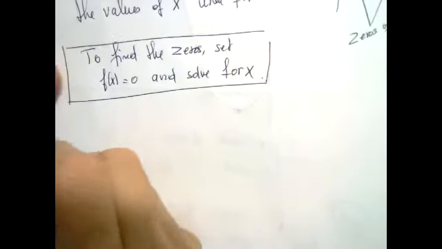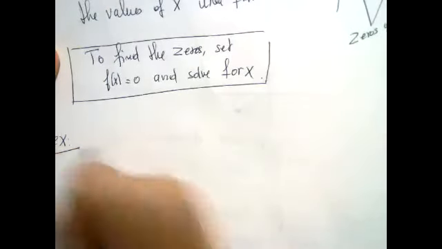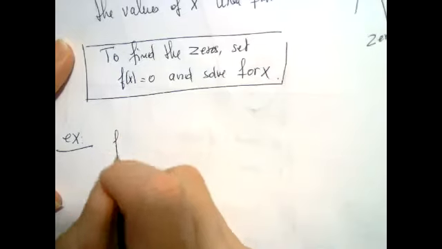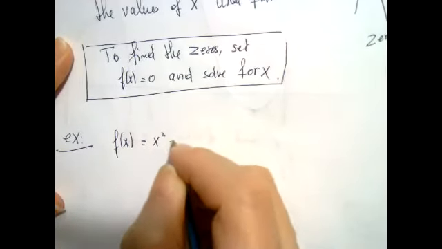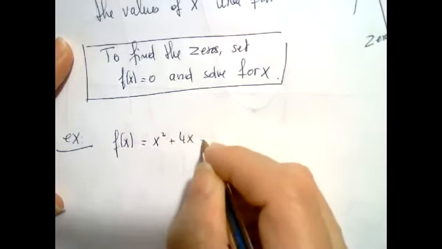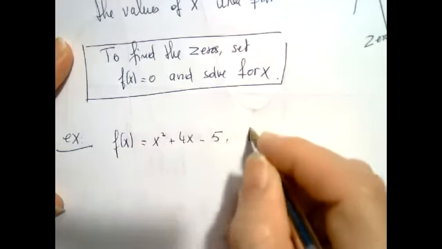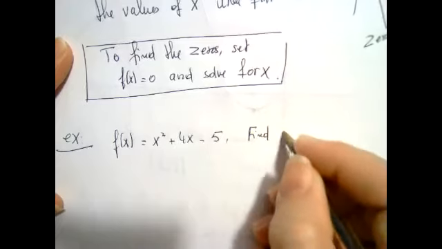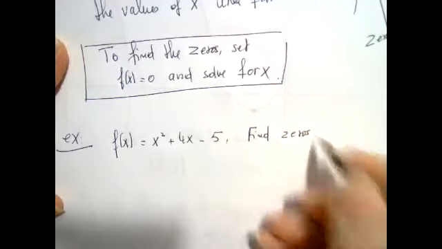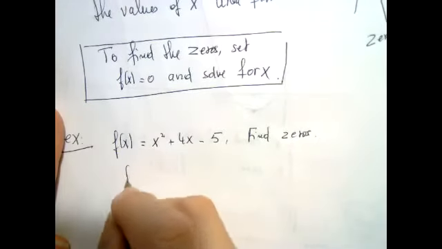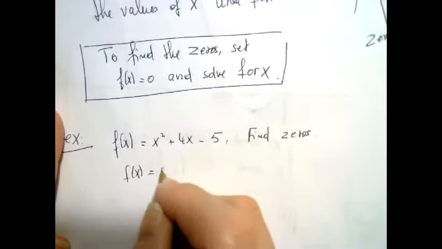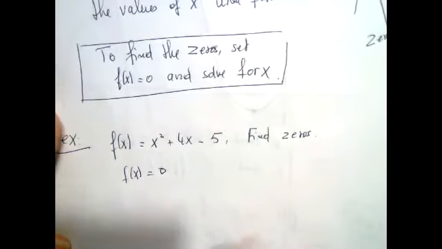Suppose I have f of x equal x squared plus 4x minus 5. Find the zeros. Is this a hard or an easy question? What does this mean? It's nothing more than solving f of x equal to 0. That's really what it means.